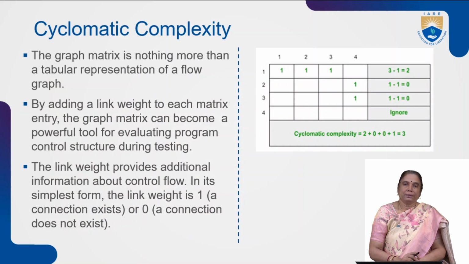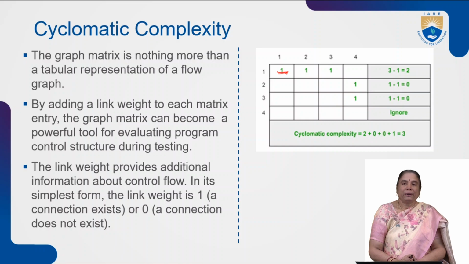To calculate the cyclomatic complexity, if the connection is there, the connection weight must be represented as 1. If there is no connection, that must be represented as 0 or null values in the graph matrix.